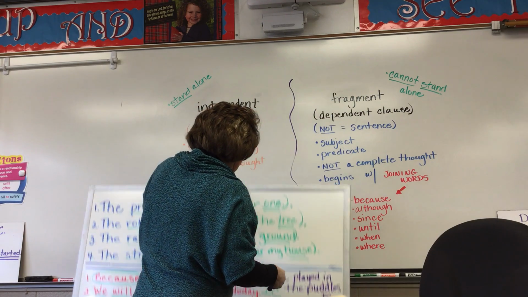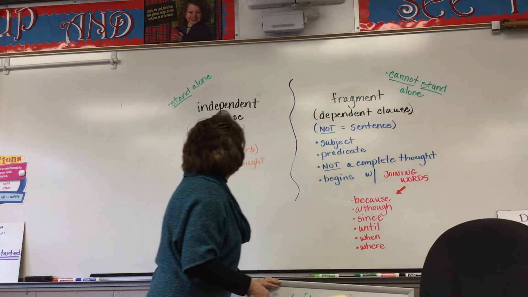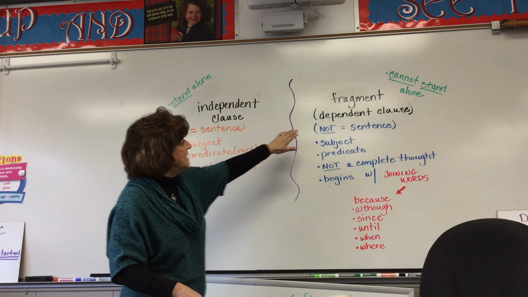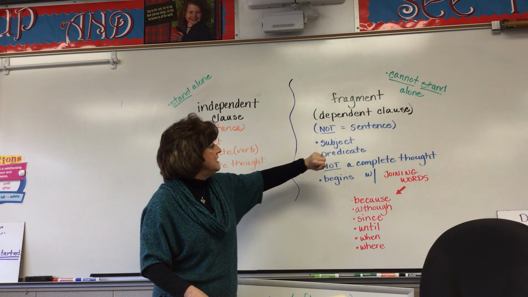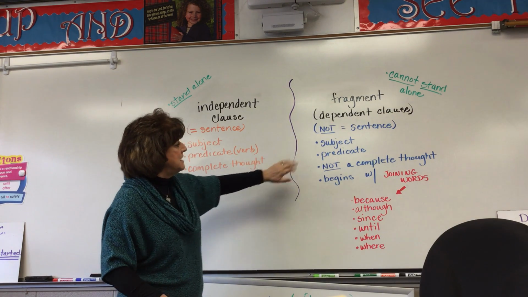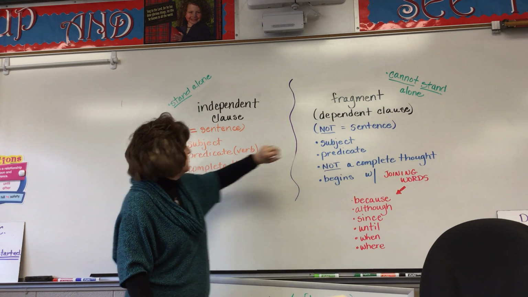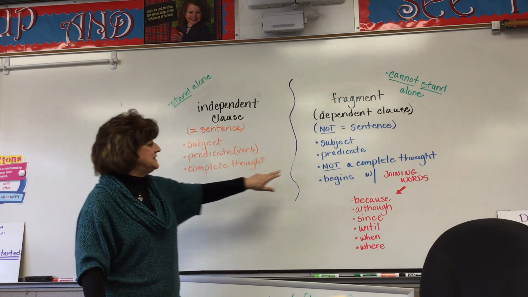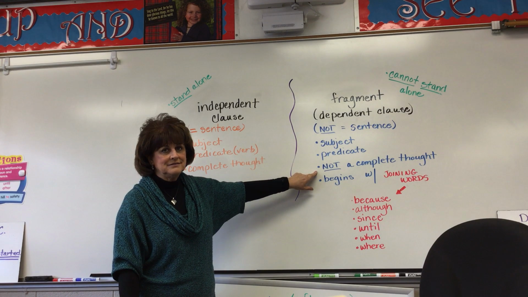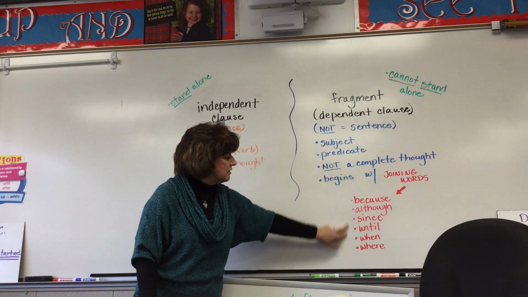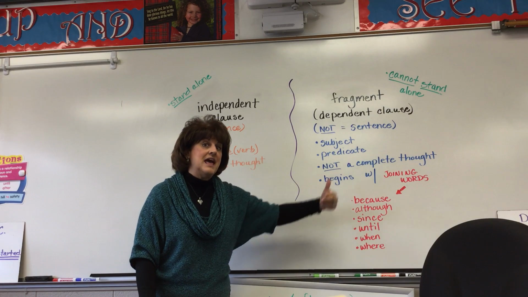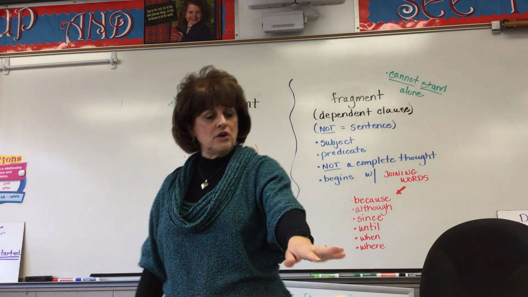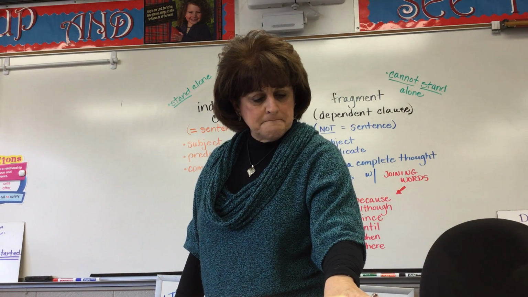The thing that makes them independent as opposed to dependent is that this one is not a sentence. It probably does have a subject and a predicate, just like this one does, but this one doesn't have a complete thought. And this one is going to have to start with a joining word and then have some other words added to it.